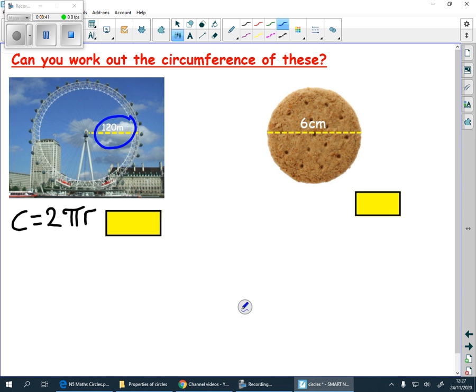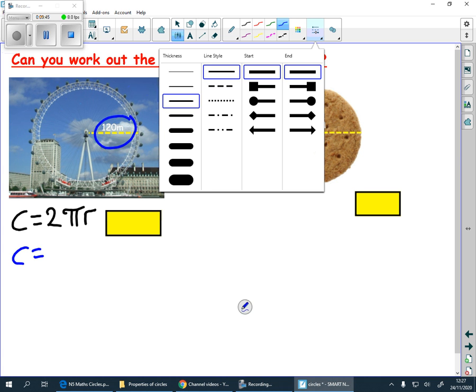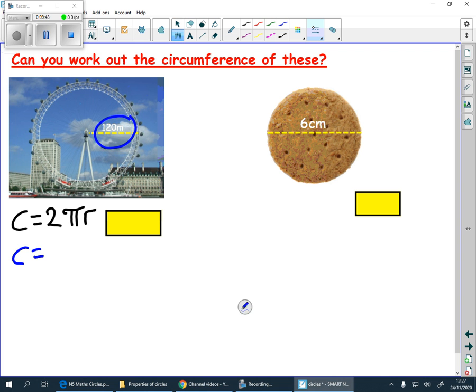So we have C equals 2 times pi times 120. 2 times 120 is 240 pi.